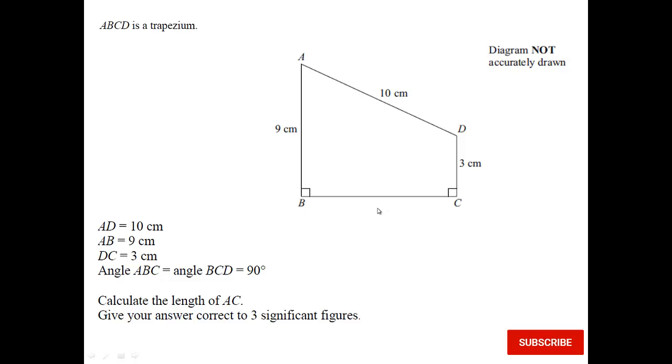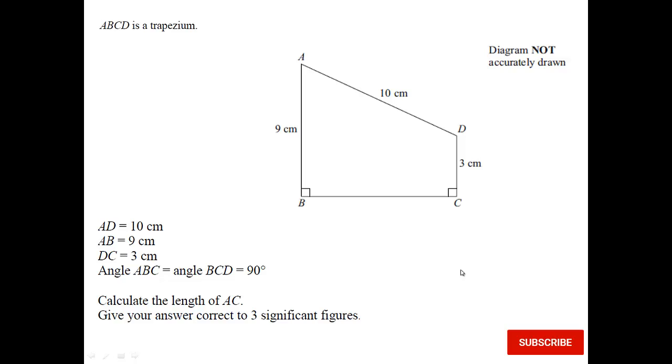We do not know the value of BC. Angle ABC and angle BCD are right angles. Calculate the length AC. Give your answer to three significant figures.